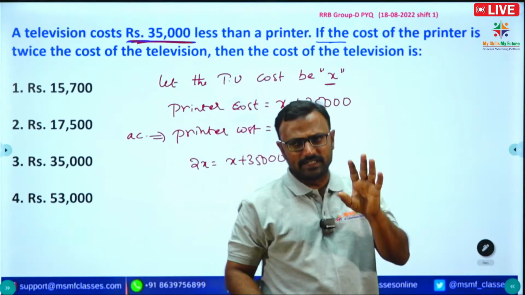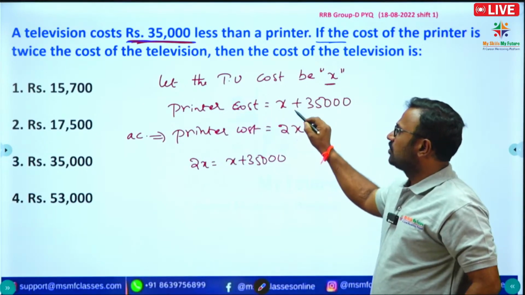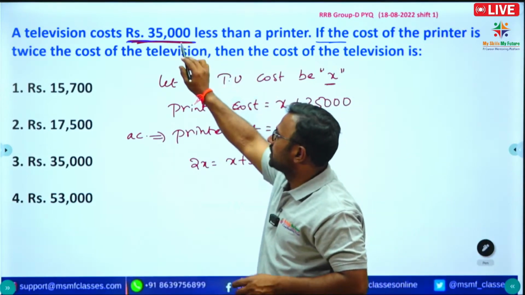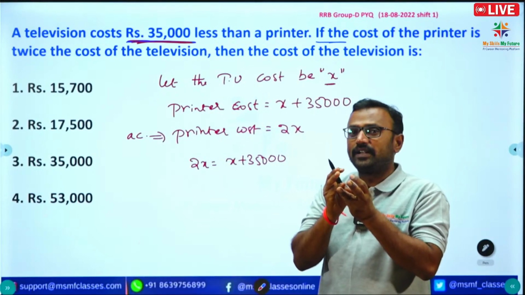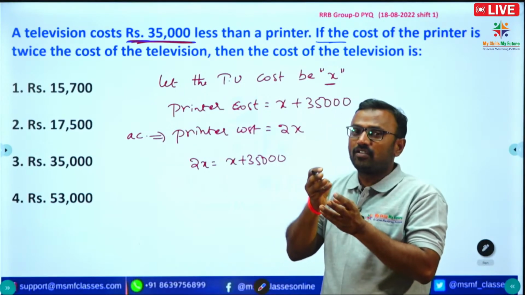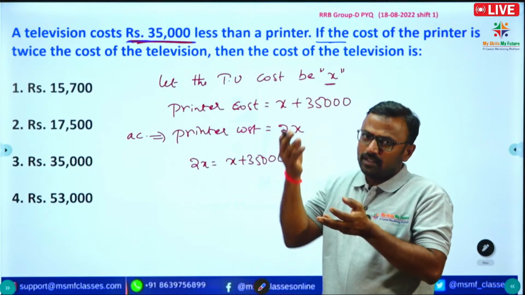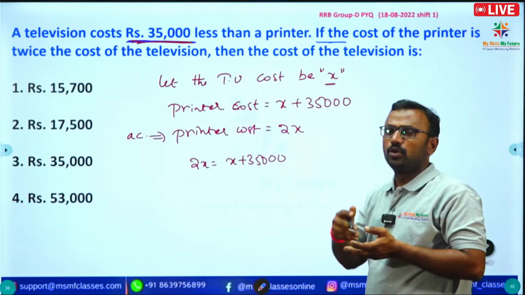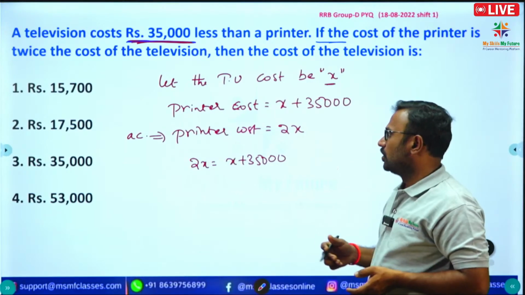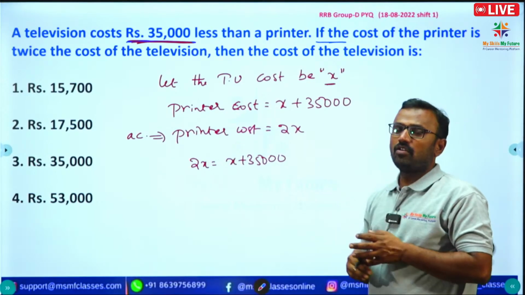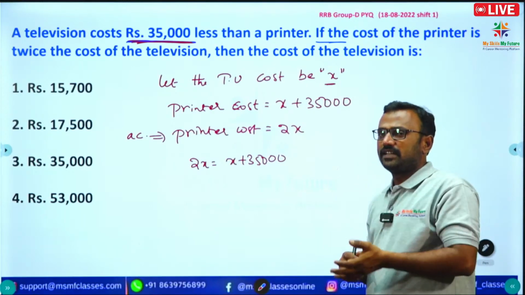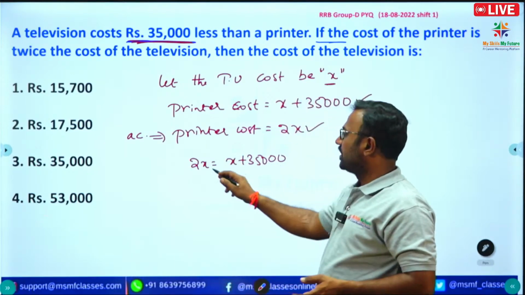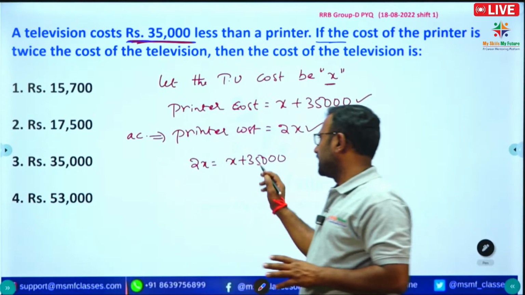Are you getting it? The television cost is 35,000 less than the printer cost, so the printer cost is equal to the television cost plus 35,000. We don't know the television cost, so we take X. By using these two pieces of information, we write 2x is equal to X plus 35,000.